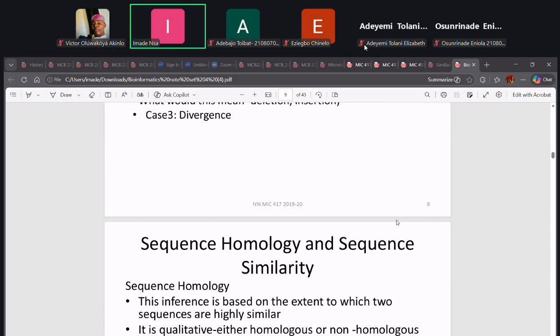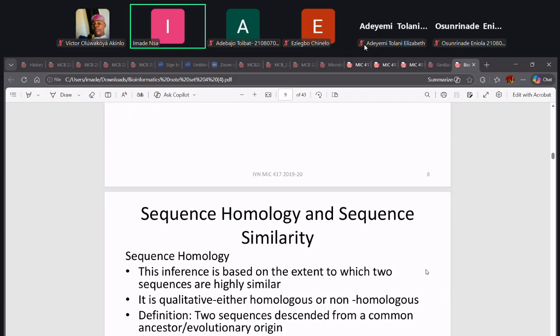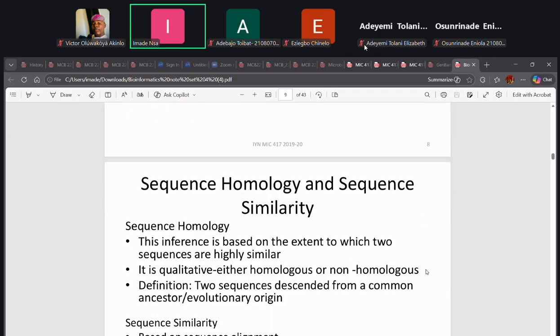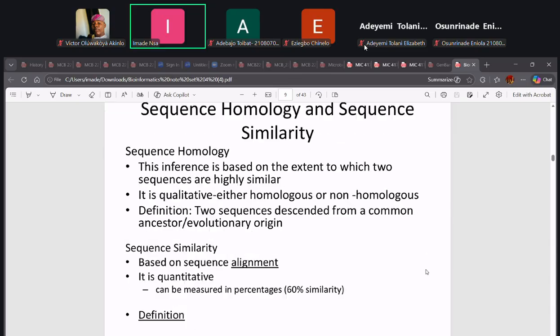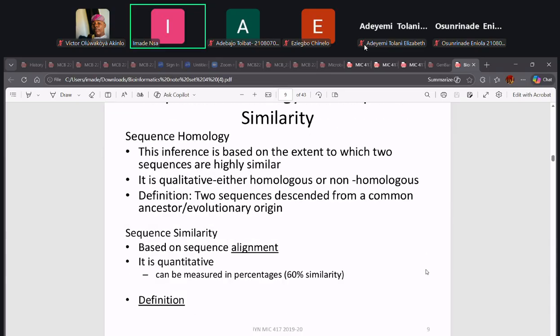Sequence homology just tells us to what extent sequences are similar. It could be qualitative, homologous or non-homologous. And when we talk about homology, we're just saying that the sequences must have come from a common ancestor, meaning they have a similar evolutionary origin, and it's simply based on sequence alignment.